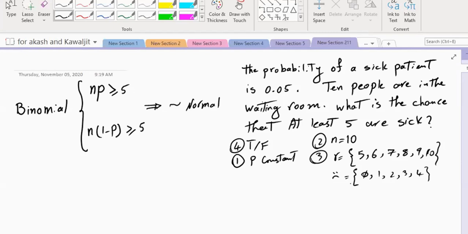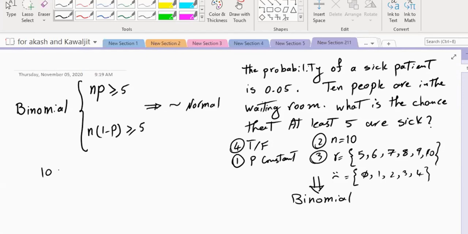This example is actually not that big, the number of patients waiting could be 40. So you think to yourself, okay, Amir is telling me that if these 2 conditions are satisfied, then instead of using binomial, I can use normal. But then you think to yourself, is it possible for me to answer this question with normal? If that's true, NP must be greater than or equal to 5.